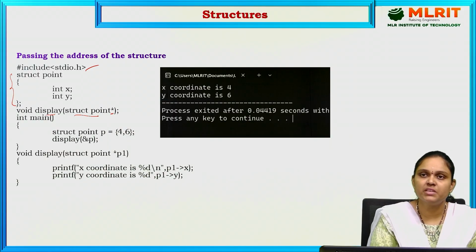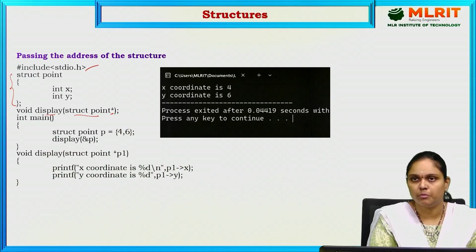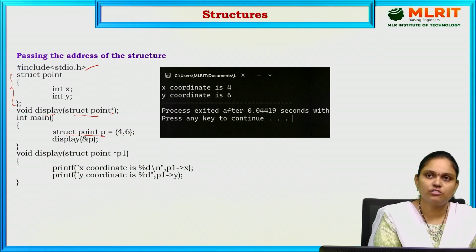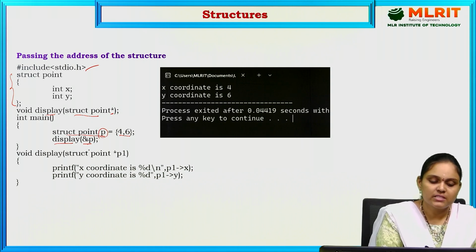Which means now the structure point will have a pointer variable. Here we are declaring one variable of this structure, p is equal to 4, x, and to this display function, instead of passing p or some individual data types, we're passing the address of p.